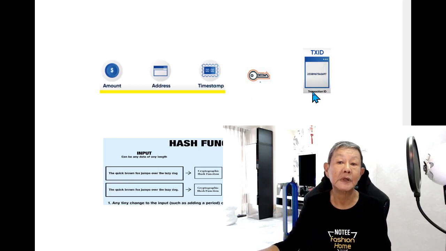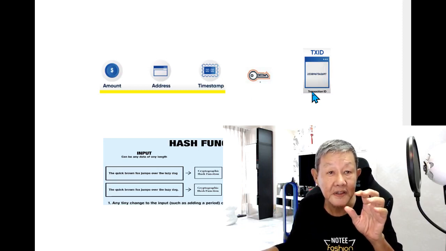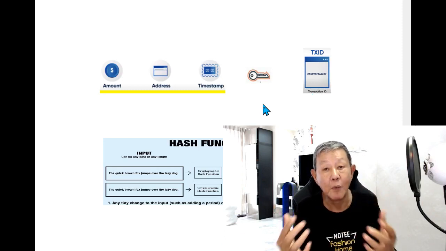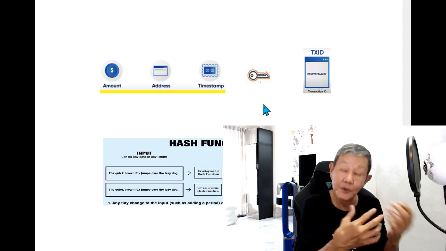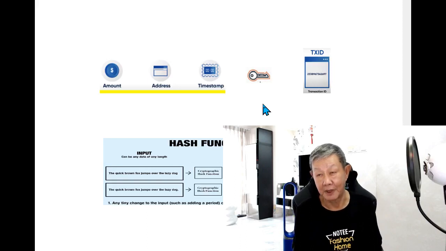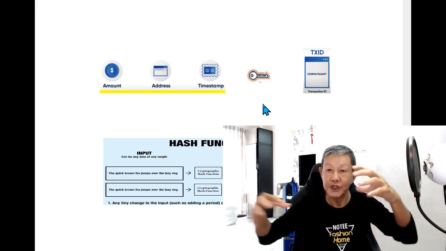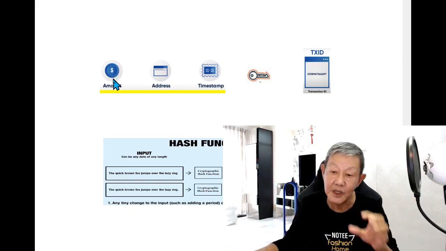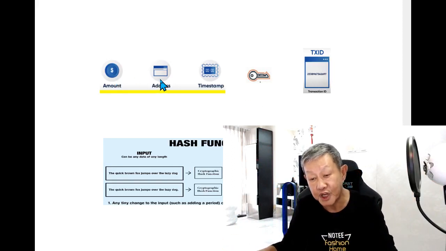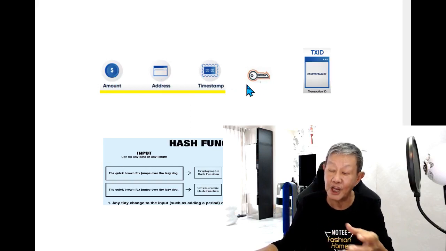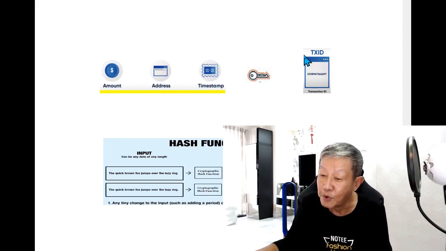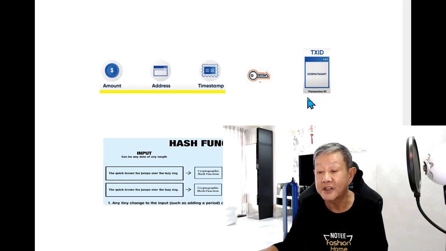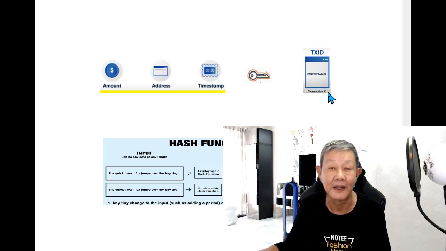Since it is the same message, every node should come up with the same output, as shown in the last episode. That means at all the nodes in the whole world, when the transaction happens, you send the amount, send to which address, at what time, you go through the hashing, the output will always be the same. So they always have the same, what we call a transaction ID.